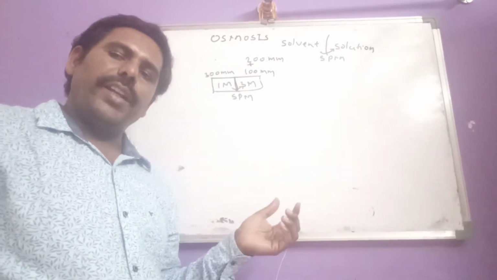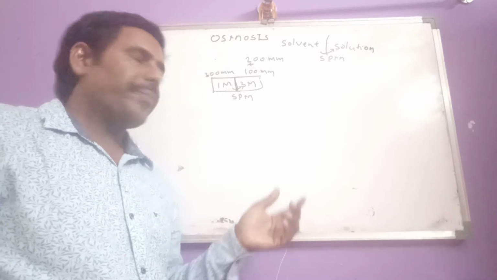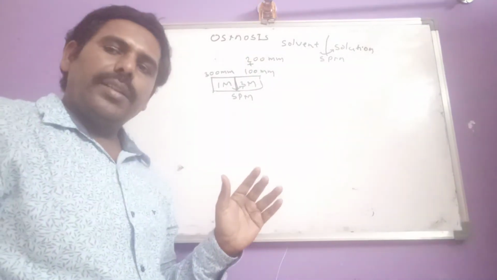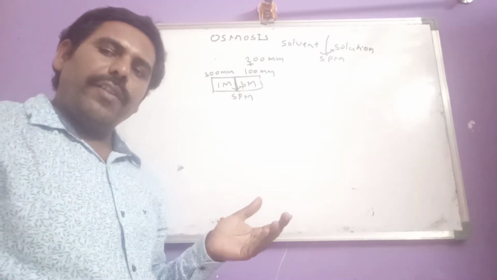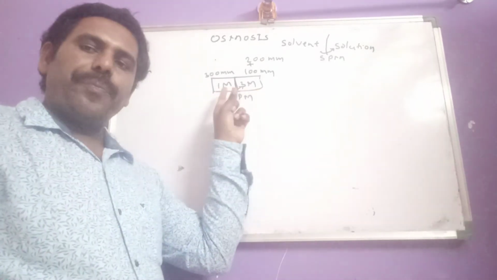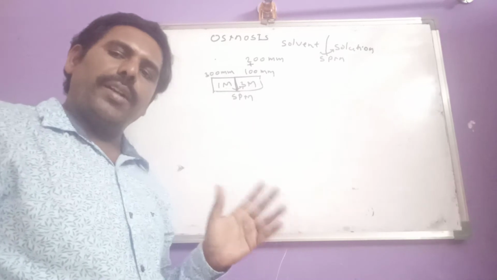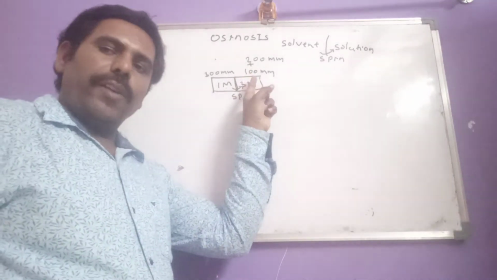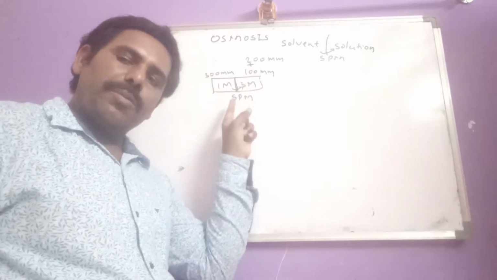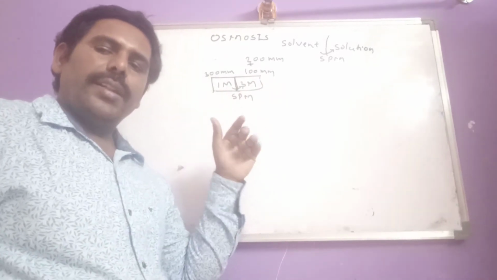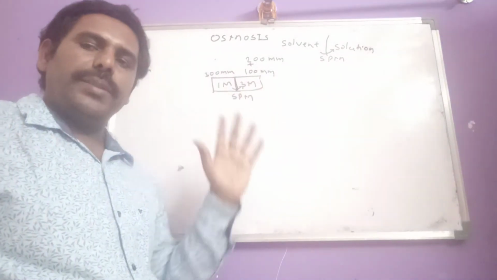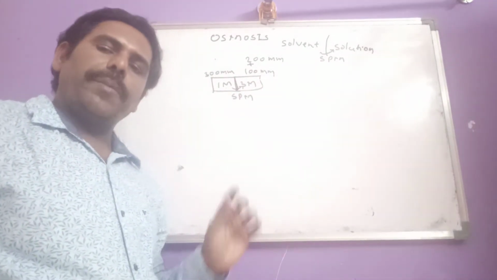So what is the definition of osmotic pressure here? The extra pressure required to maintain the equilibrium within the system is known as osmotic pressure, or the pressure required to stop the osmosis process, which needs to be applied on the high concentration side, is known as osmotic pressure.